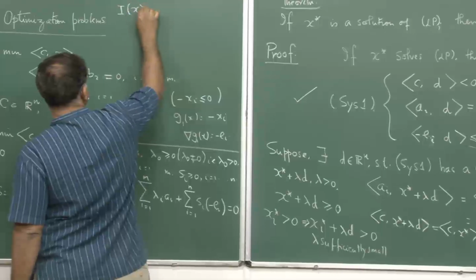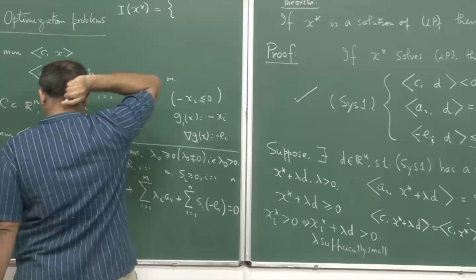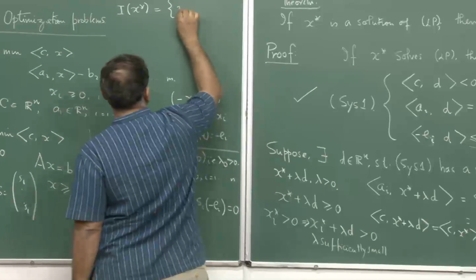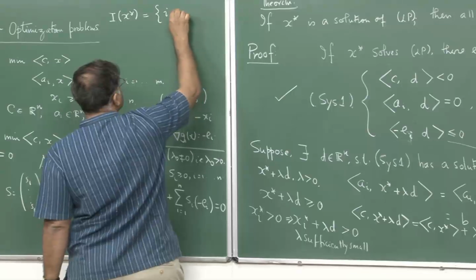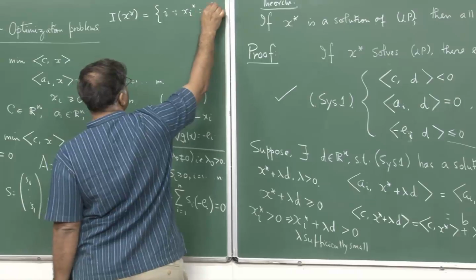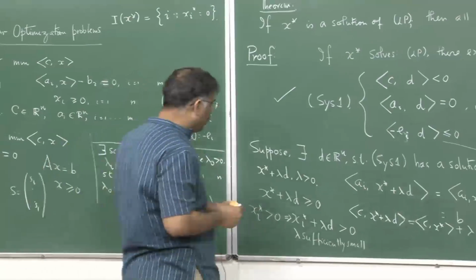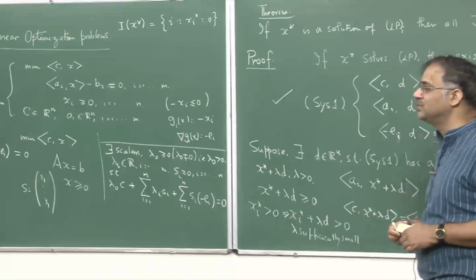And that leads us to consider what is called the active set index, which we have already done in the last class also. So, consider all those i from 1 to n such that xi star is equal to 0. So, d corresponding to those xi stars must be greater than or equal to 0.